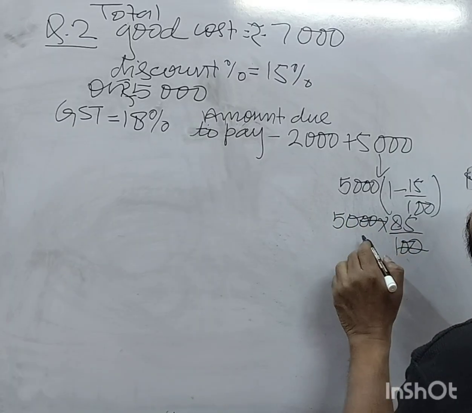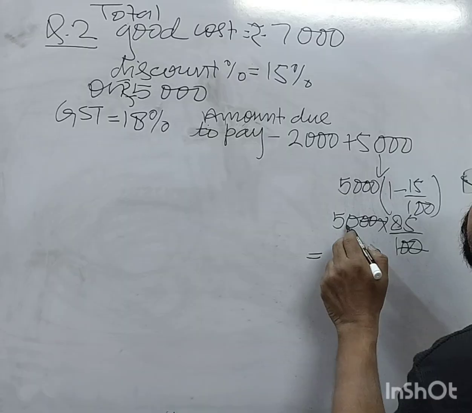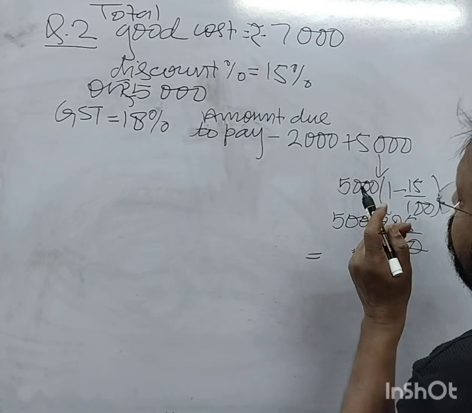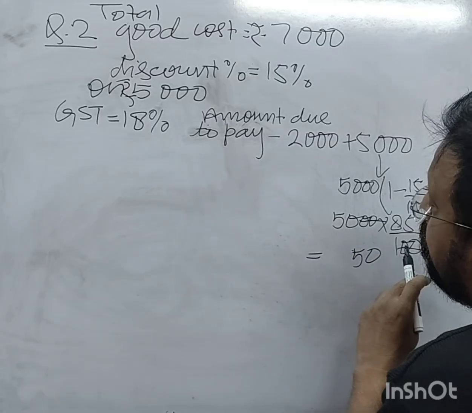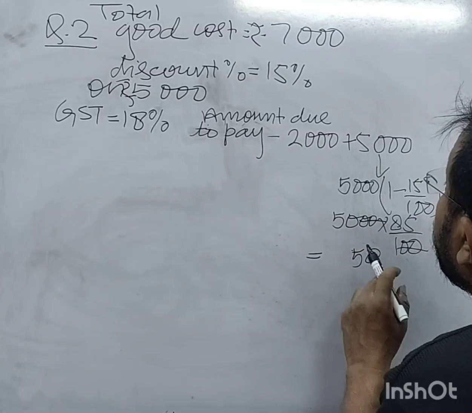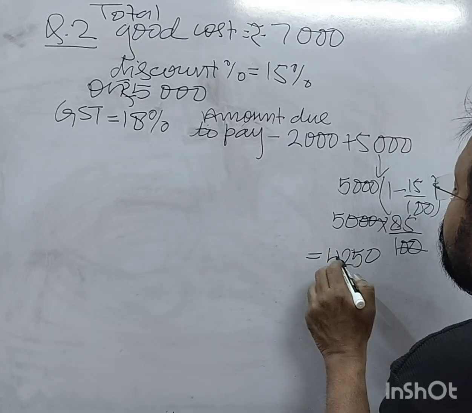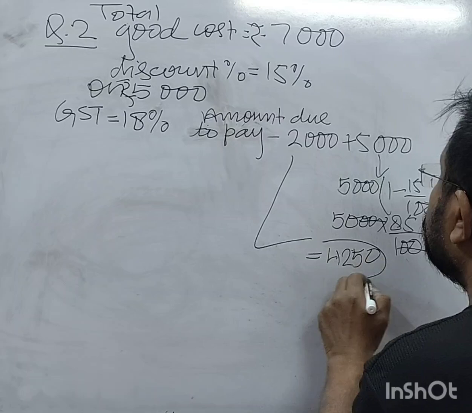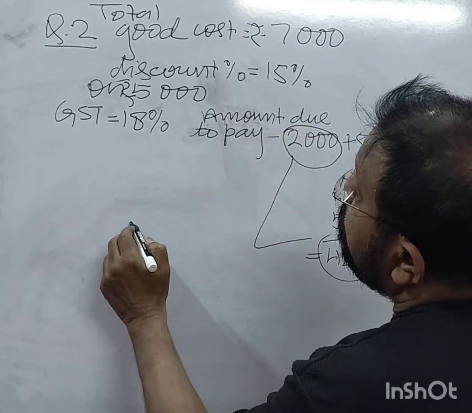Two zeros cancel and it becomes how much? 5 times 5 becomes 25, we get 2, and 5 times 8 becomes 40, 42. 4250. So net amount to be paid, that is total SP.